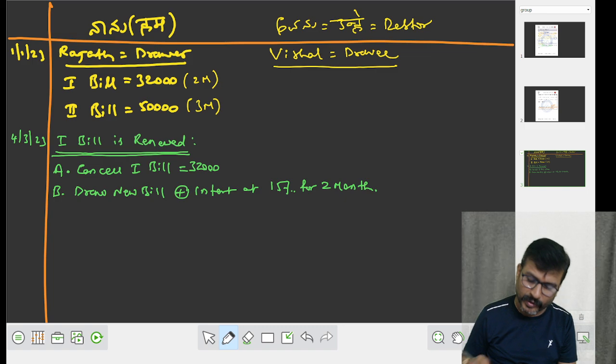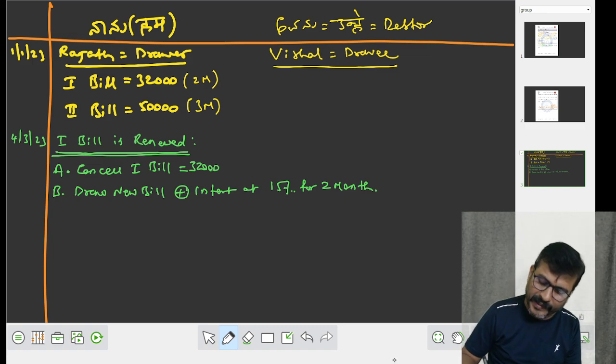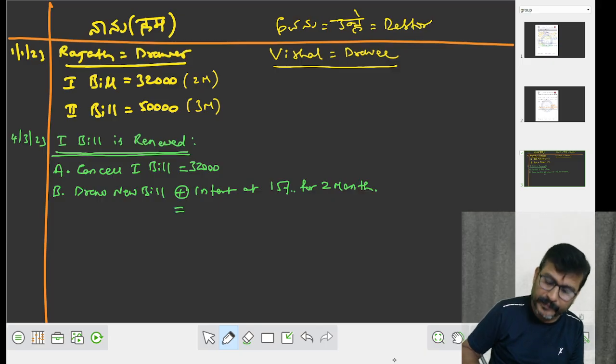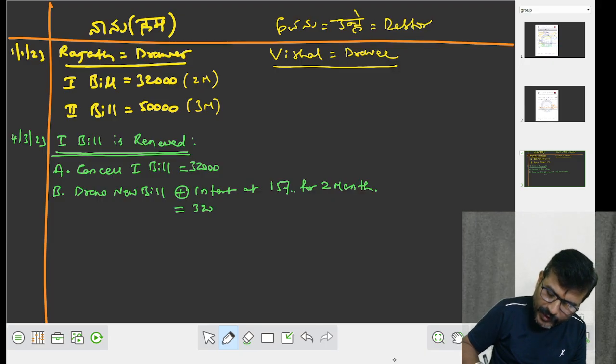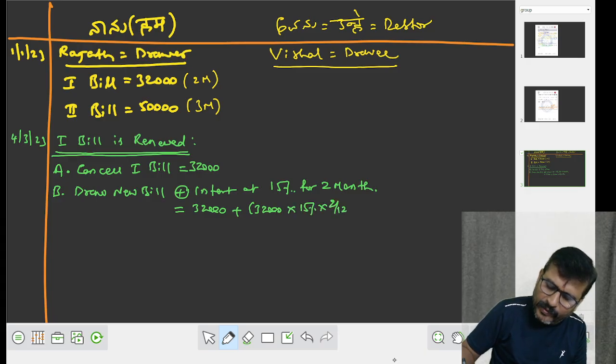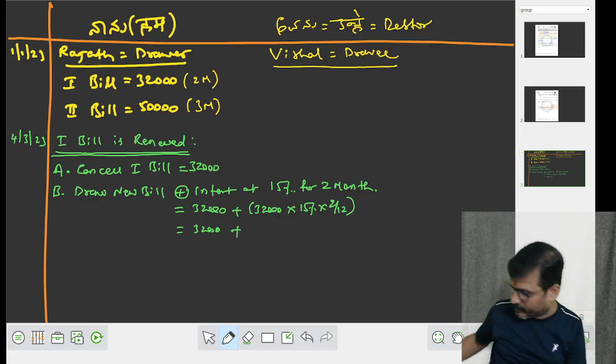Shall we continue? Draw a new bill plus interest at 15% per annum. How much is the amount now? The old bill is 32,000 plus 32,000 into 15% into 2/12.